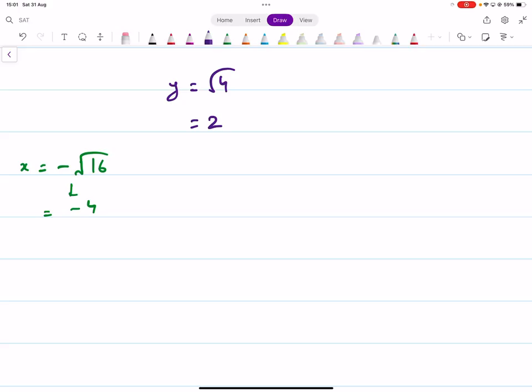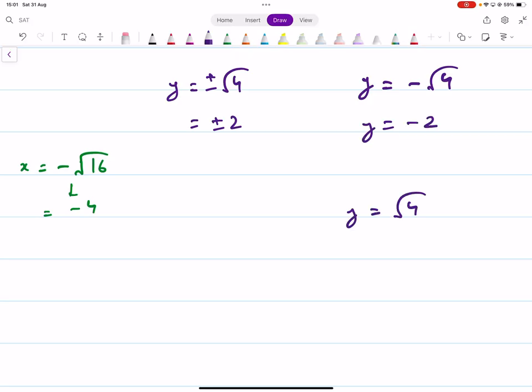If it was plus minus 2, it would have been written like this, plus minus under root 4, and that would have given you plus minus 2. But if you have y equals minus under root 4, that is y equals minus 2. If you have y equals plus under root 4, that's just y equal to plus 2. So if the under root is already there, then you just take the sign that is there. It's either positive or negative. When you take square root yourself, then you have to put plus minus.